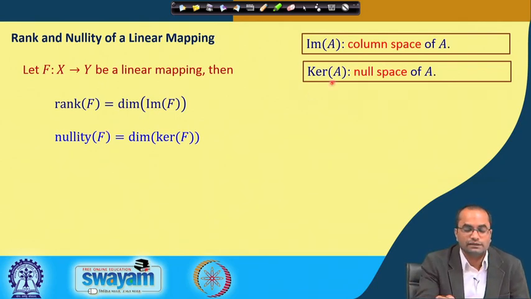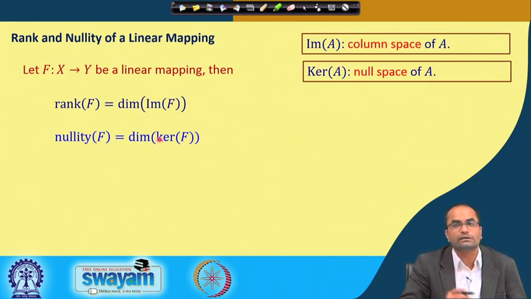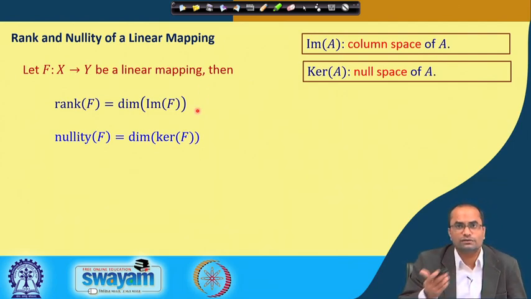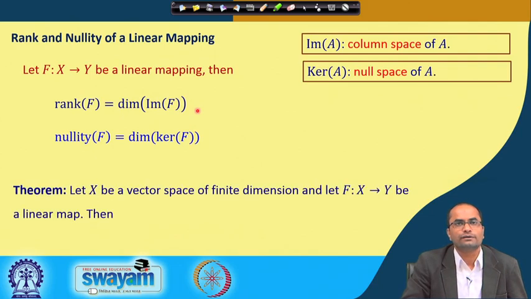So, the nullity is nothing but the dimension of the kernel. These are two more general definitions than the ones we discussed for matrices. So, the rank of F is the dimension of the image of F, and the nullity is the dimension of the kernel of F.